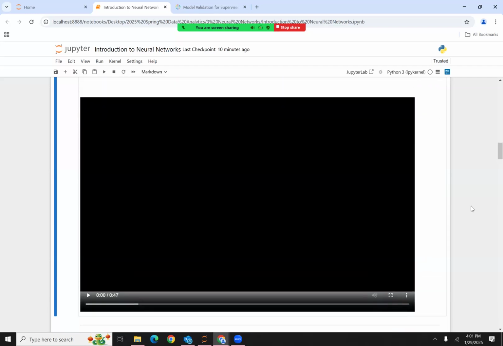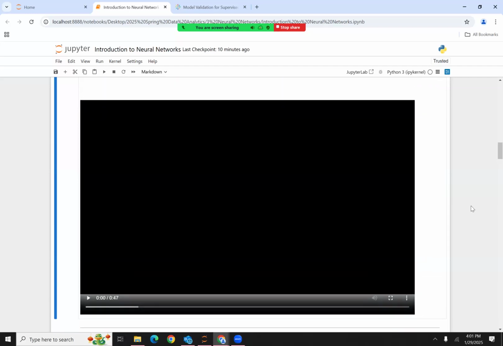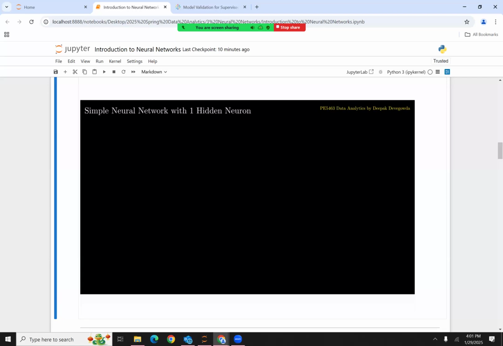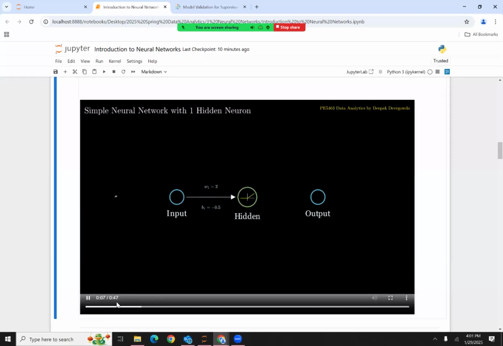So let's look at the operation of the simplest neural network, which is one input node, one hidden neuron, and one output node. So for a given input, in this case, the value of x is 0.7, I'm going to multiply it with the value of 2, and I'm going to add a bias of negative 0.5. And then I'm going to send it to the hidden layer.